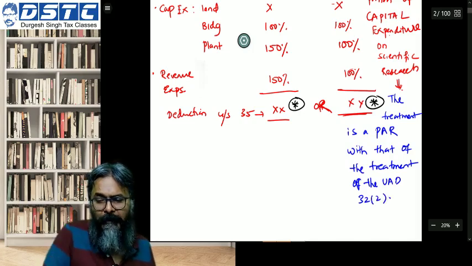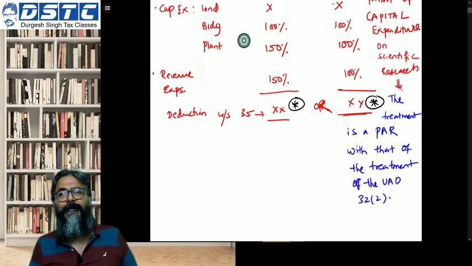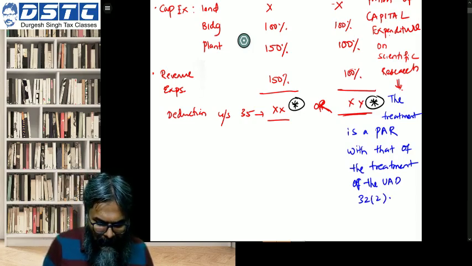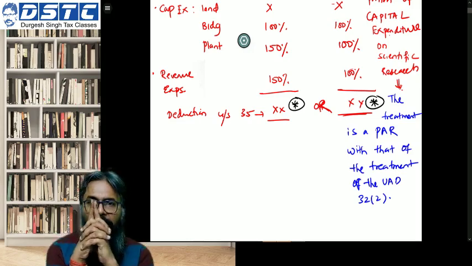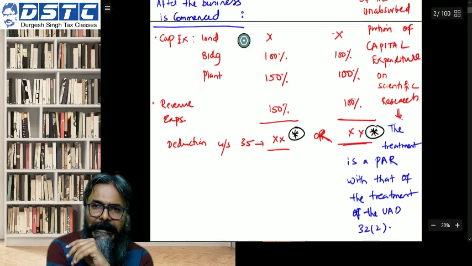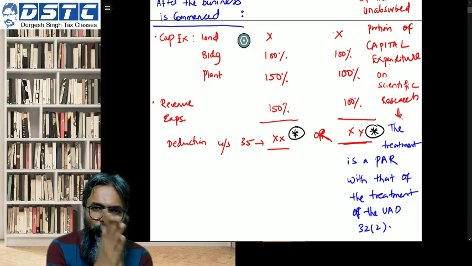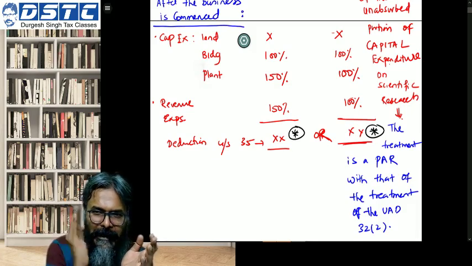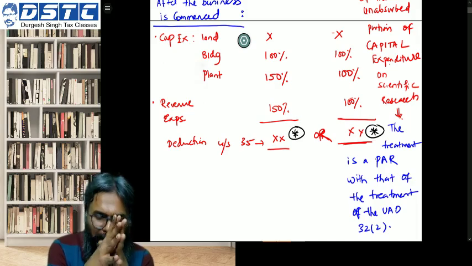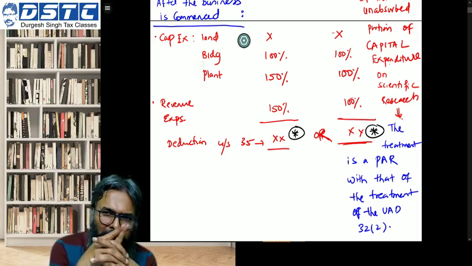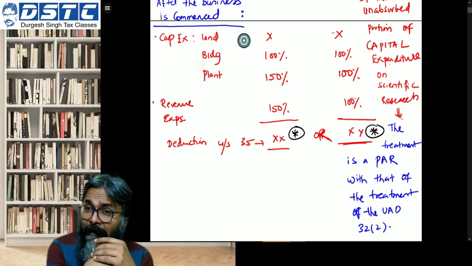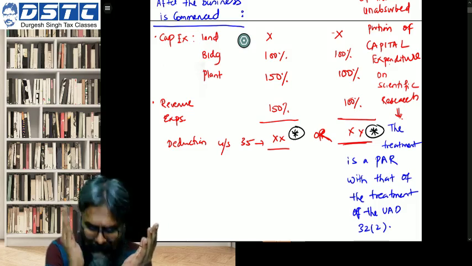Now this was the query which Prasad has also asked about the concept of UAD. I'll explain that concept now. Pawan Kumar, Chandana, Priyanka, all of you first copy what I have made you write, and then I'll explain the concept of the UAD, students: how the UAD arises and what would be its treatment. Then you can easily understand the concept of the unabsorbed capital expenditure on scientific research.